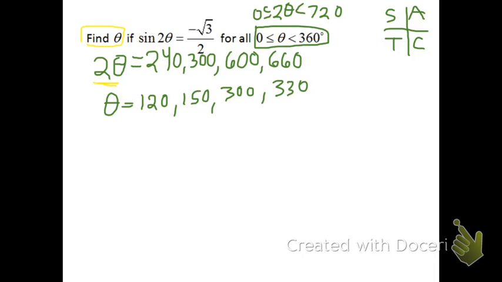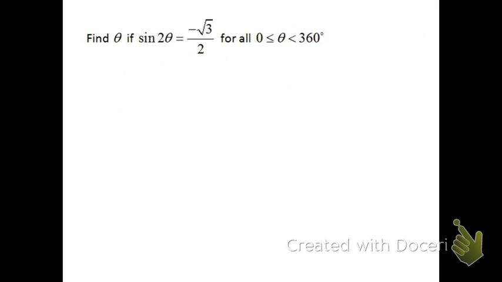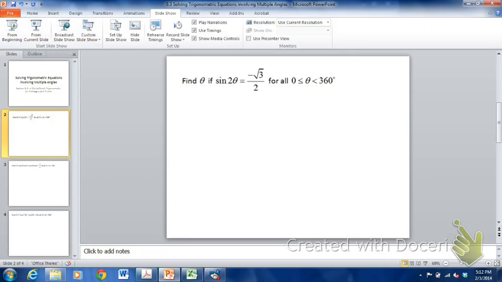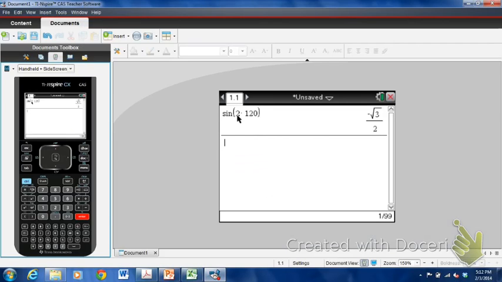You should always check your answer by plugging it into a calculator if you have that luxury. I just want to show you how that would look, to prove that we did the right thing. If I open up this calculator, remember our first answer was 120. So the sine of 2 times 120 came out to root 3 over 2.